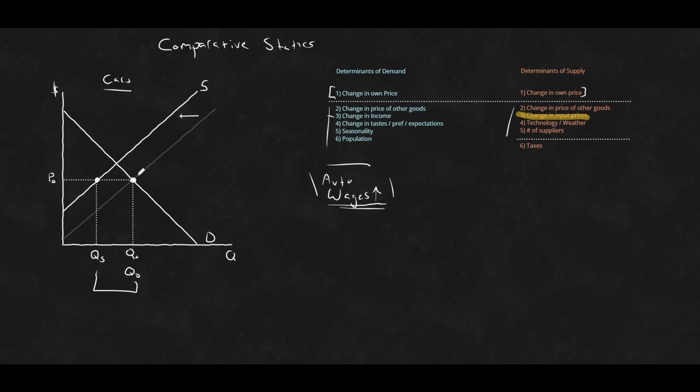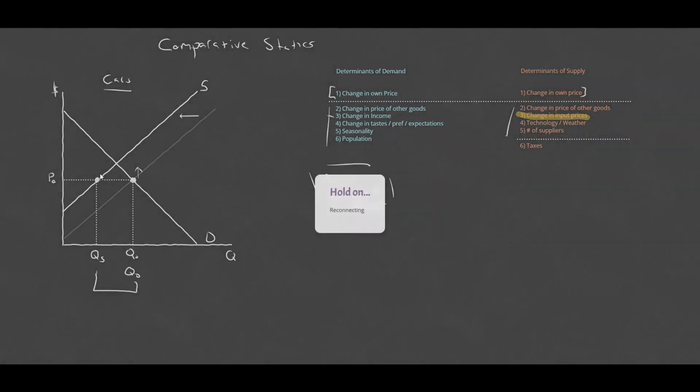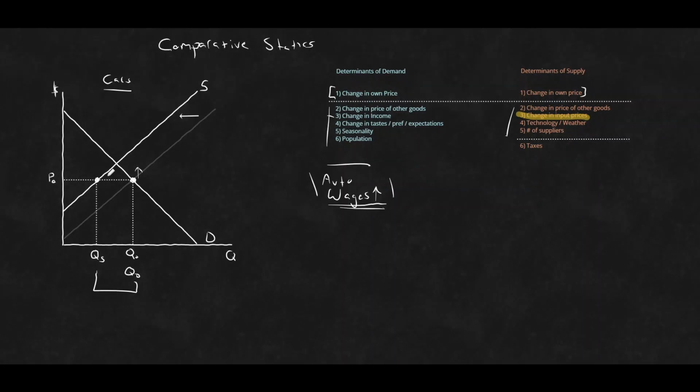So in order to make sure that we get the car that we want, we begin to bid up the price. We begin to say, hey, I will pay more to get that car because I really need or want a car. The firm goes, oh, wow, you're actually willing to pay more for it? Thus, the firm increases their price as a result, and at the higher price, they're willing to produce more vehicles.